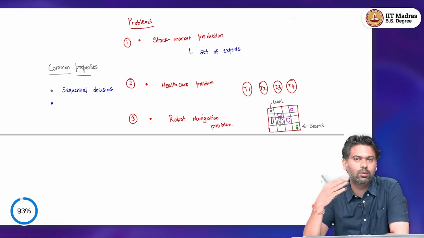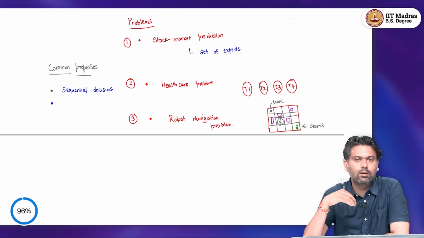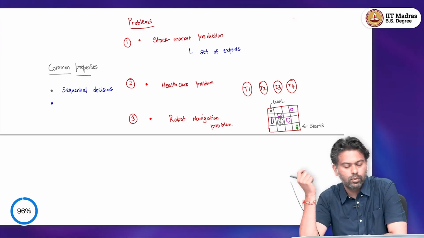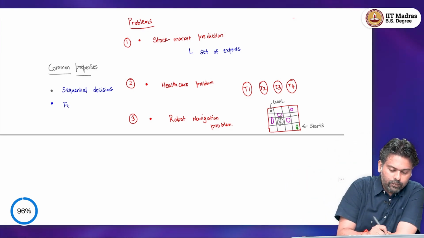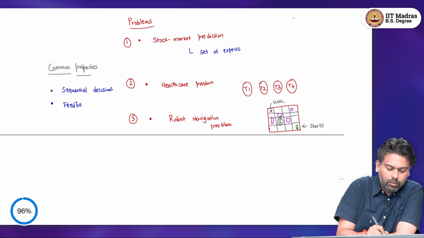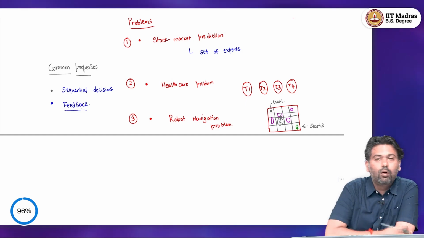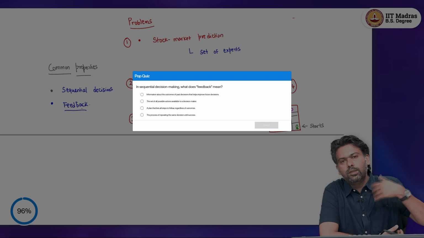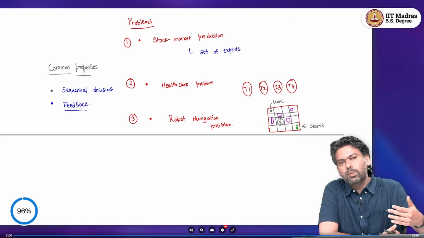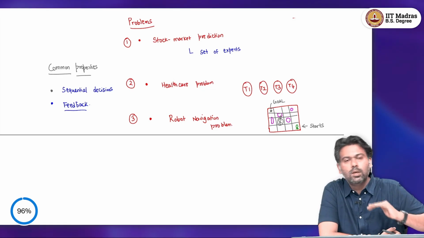Same with the robot. The robot makes a decision, and then the robot gets feedback whether the decision is good or not. So the feedback is another common property of all these problems. The decision is made, and then the feedback comes after the decision making.